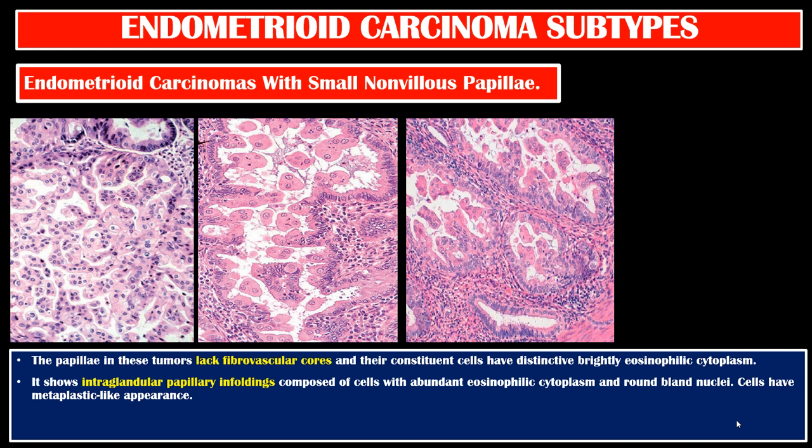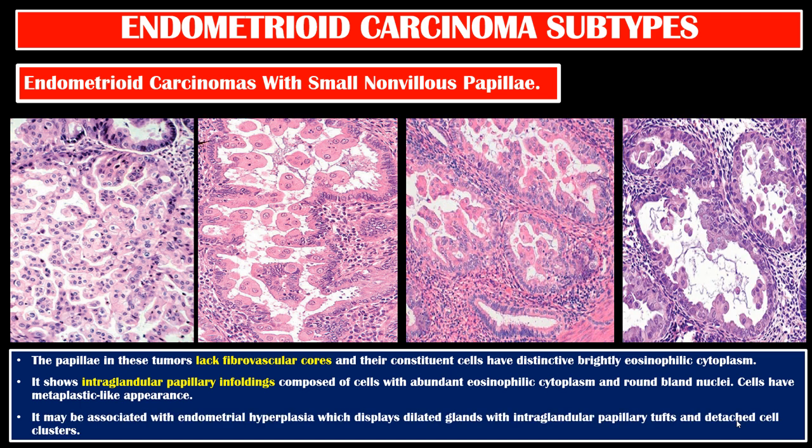The cells have a metaplastic-like appearance. It may be associated with endometrial hyperplasia, which displays dilated glands with intraglandular papillary tufts and detached cell clusters.